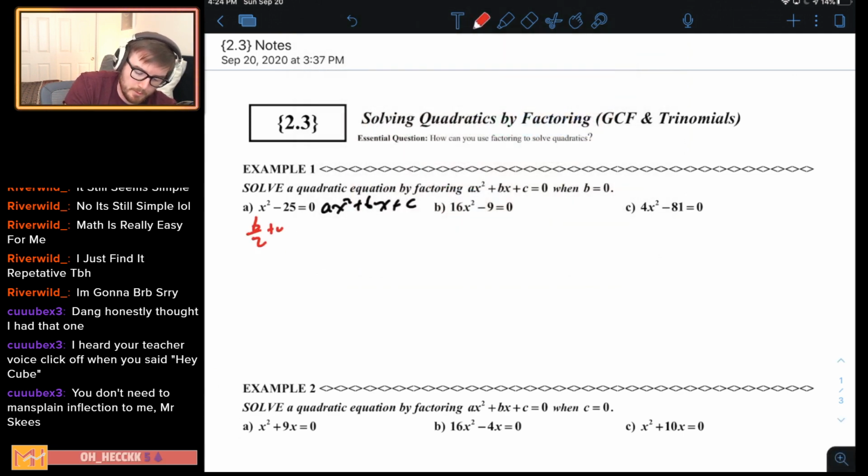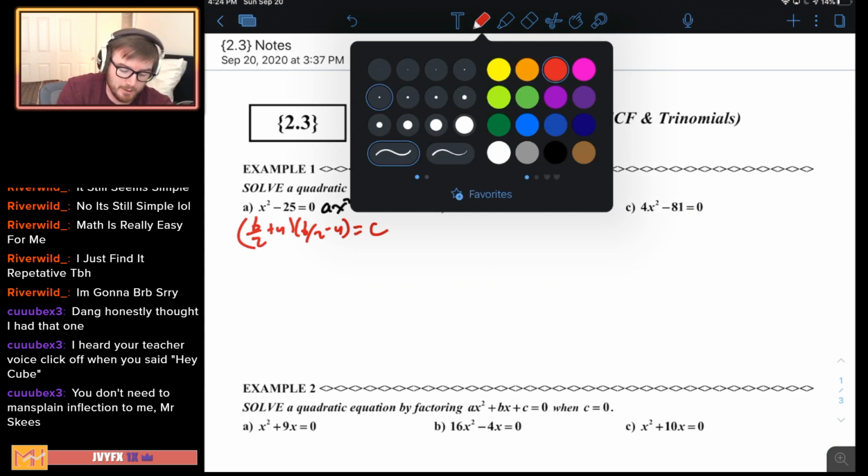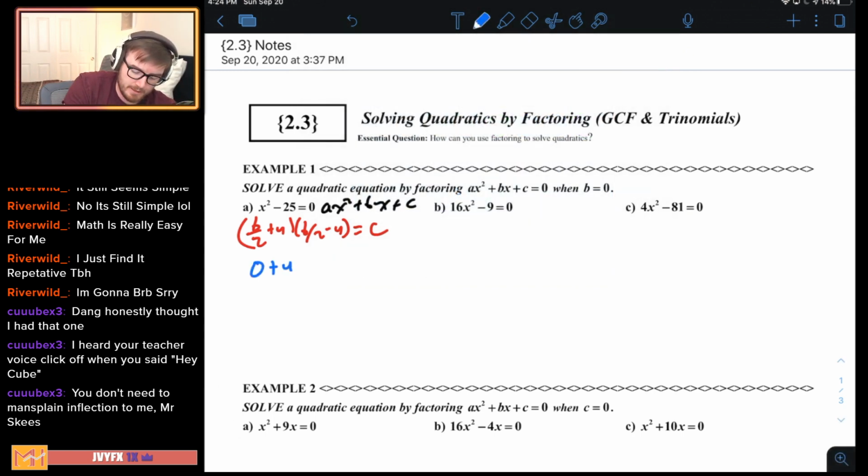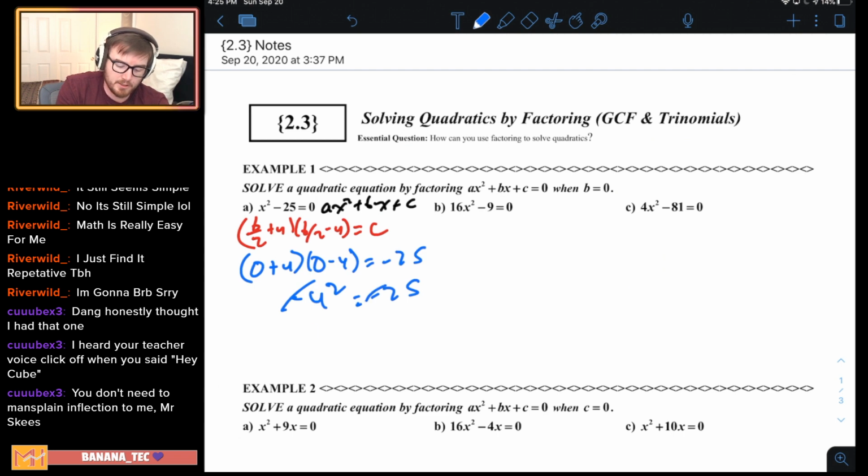Again, b over 2 plus u, b over 2 minus u equals c, which is -25. So I have 0 plus u, 0 minus u equals -25. So I end up with 0 times 0, which is 0. I just end up with -u squared equals -25. How easy is that? The negatives canceled, so u equals 5.